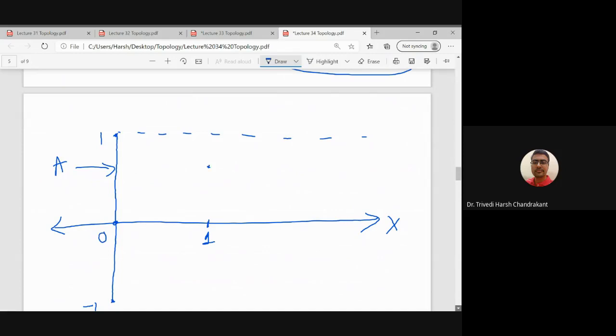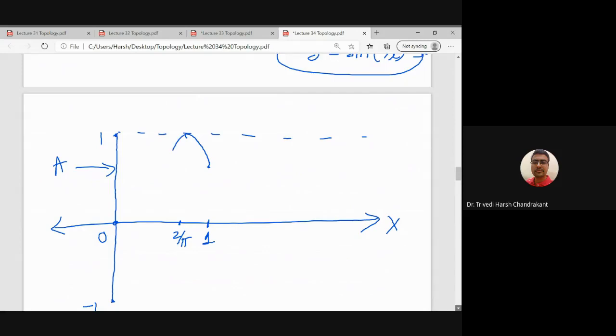So this sin(1/x) graph will touch here when I have the point 2/π, and then it will come back to the x-axis and touch at the point 1/π. Later on you can check all these things.